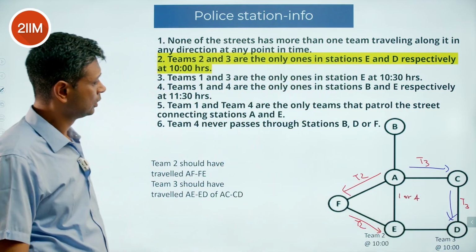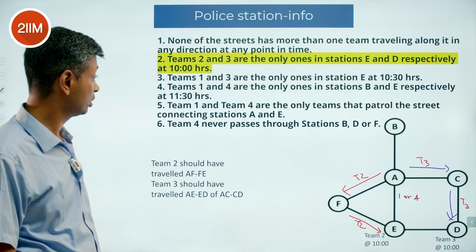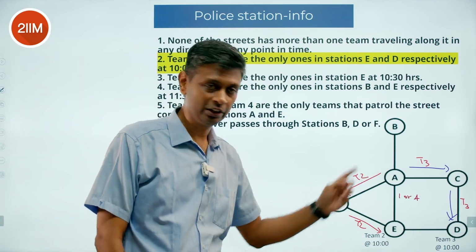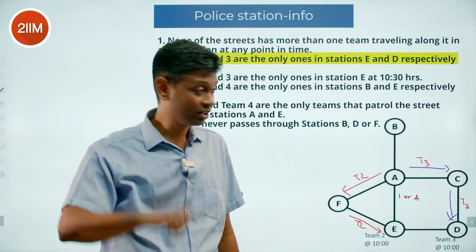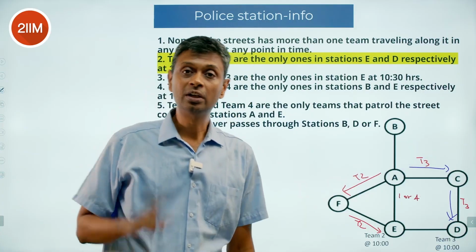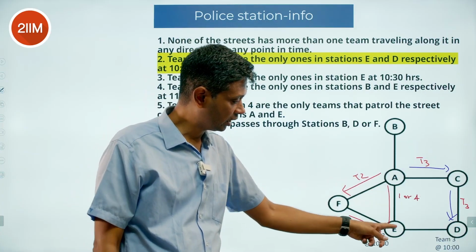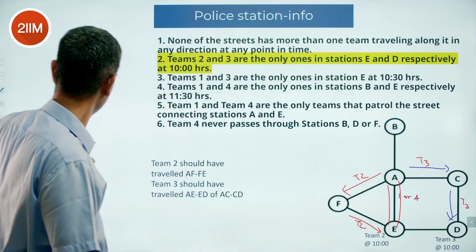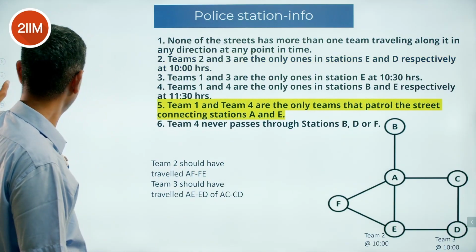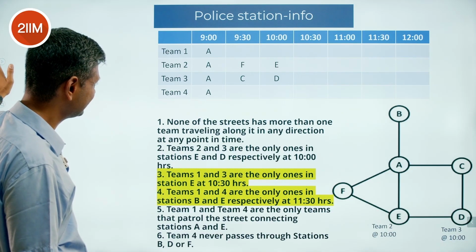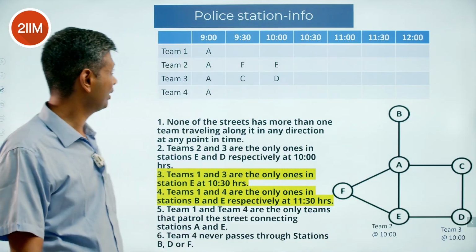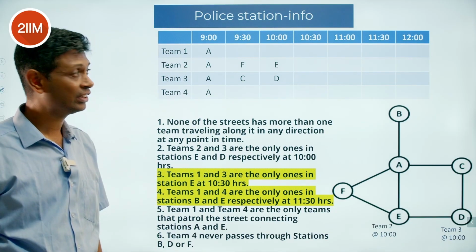Nice. Now team 4 therefore never passes through B, D or F, traveling only to C and E. The moment it starts, team 3 is going to C, so team 4 would have gone to E and come back. Now I'm getting a sense that I need a table like this to simplify life. 9 o'clock, 9:30, 10, 10:30, 11, 11:30, 12.